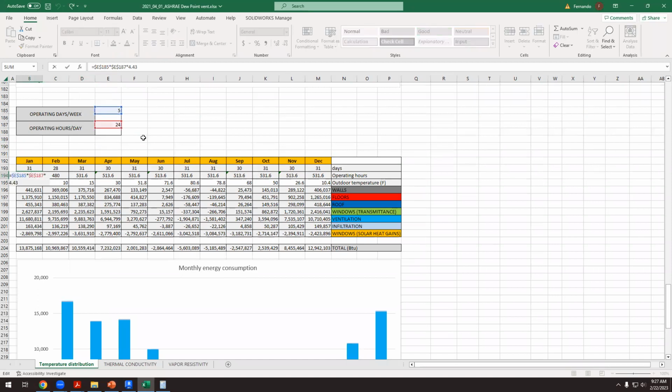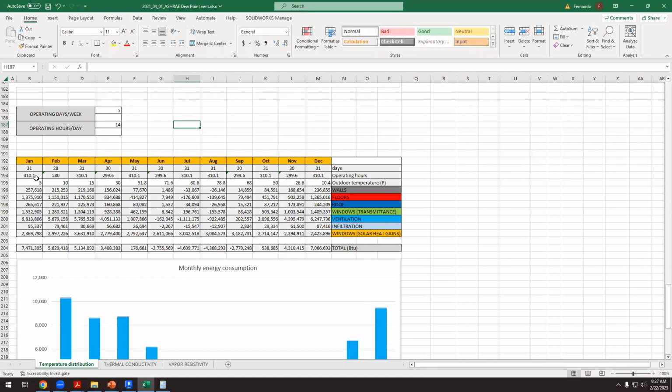Oh, okay, this is it. Perfect. I knew that I had the solution here. So we have the operating days per week, 5, and the operating hours per day, 14. And now it changes. Okay.